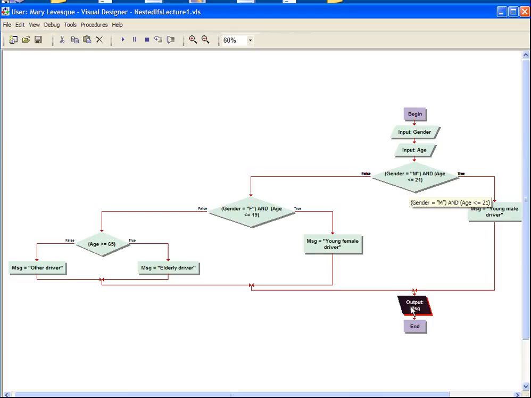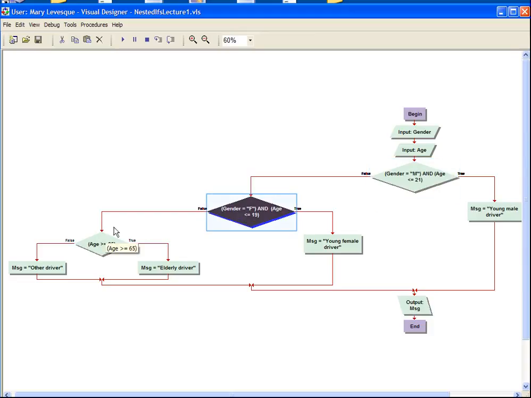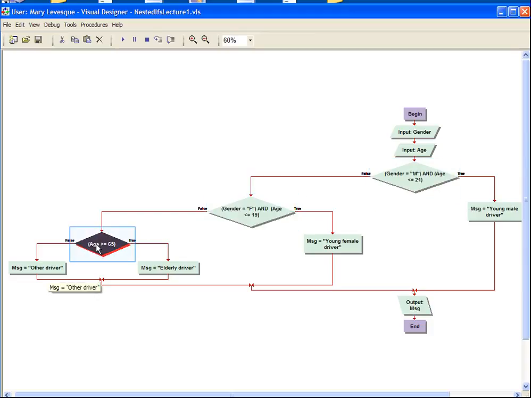Yes, it's true that if we have a 40-year-old female, they're going to have to check the first if, the second if, and the third if before we get to the message other driver. For this reason, you would want to do a scientific study to find out which was the most frequently met condition and have it listed first.